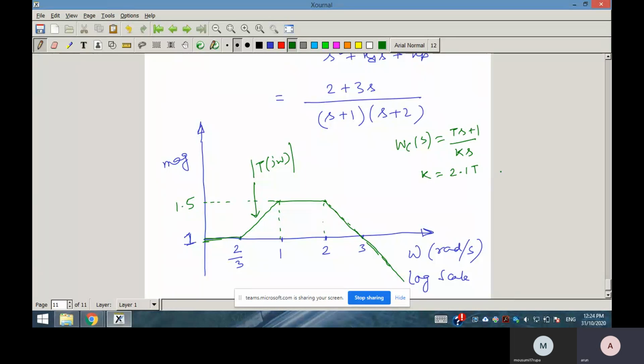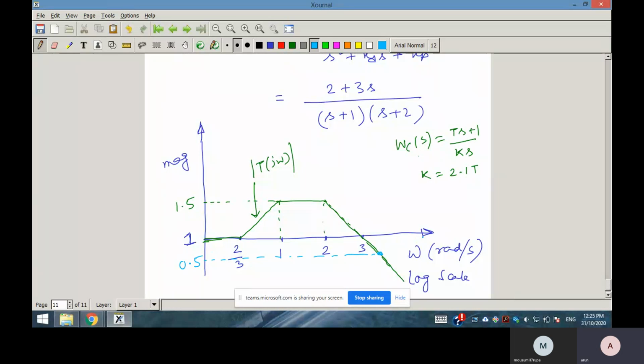So the maximum magnitude, that means as s tends to infinity, what is the magnitude? Magnitude is τ by k, that means approximately 0.5. Suppose this is 0.5, say.